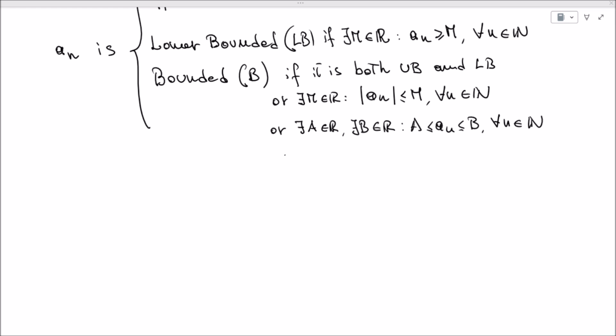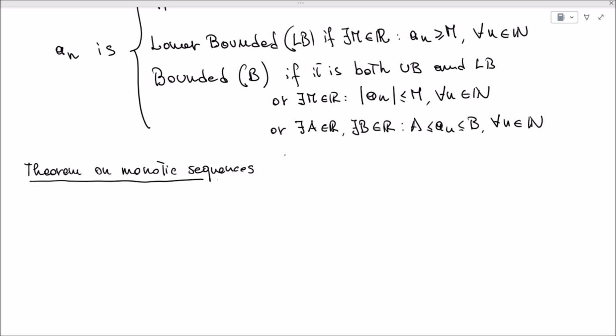We are now in a good position to state the theorem on monotonic sequence. There are two versions of this theorem.